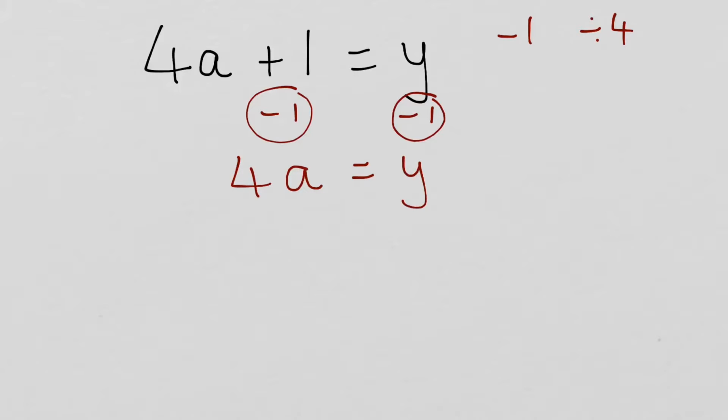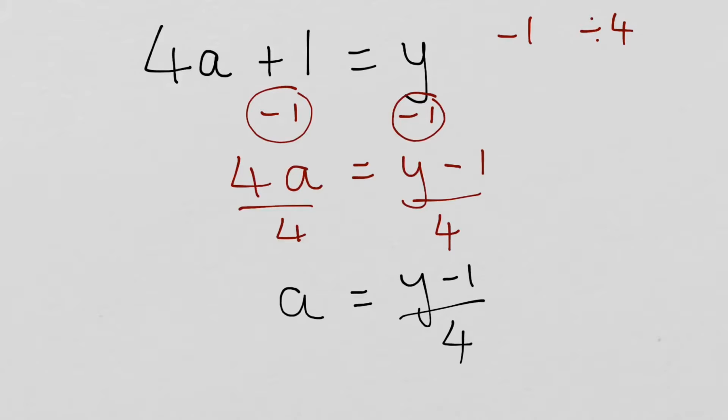You've got y minus 1. Then divide by 4, divide by 4. So your answer is simply a equals y minus 1 over 4. Now you can see that take away 1, divide by 4 are the steps we said at the top. So once you get confident, you can get to the final step straight away.